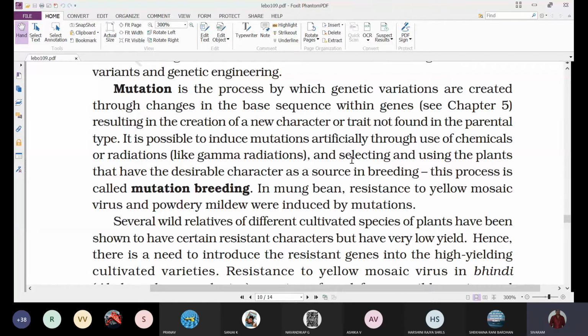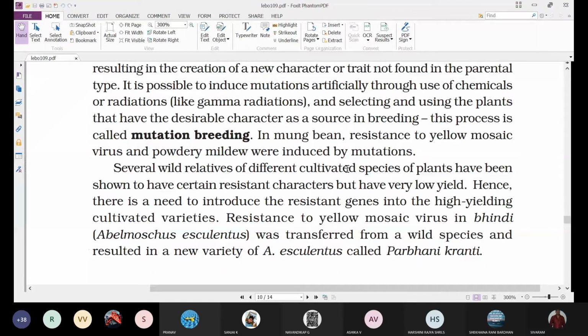When you observe here, we have developed certain new varieties against certain diseases by using this mutation breeding. For example, in mung bean, we have developed resistance to yellow mosaic virus and powdery mildew, which were induced by mutations.